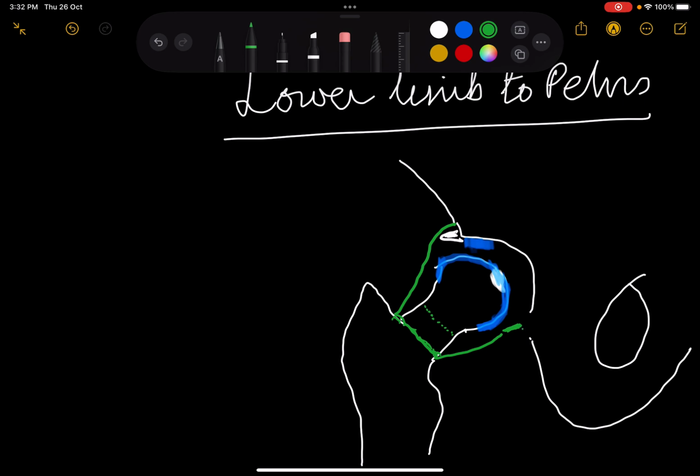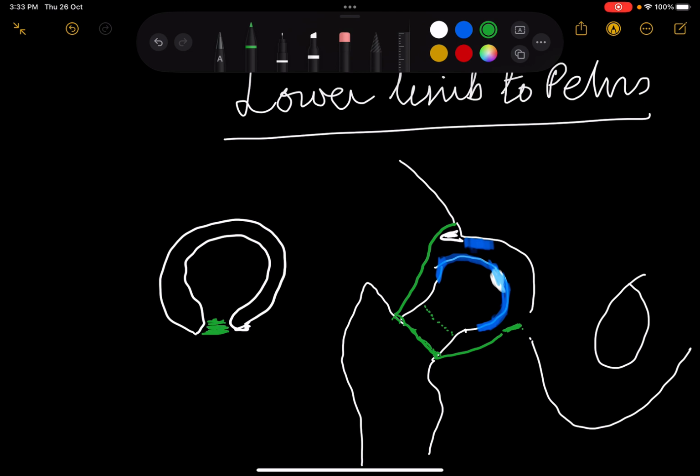So if you see this acetabulum in a form like this, then this notch part of it is joined by the transverse acetabular ligament.